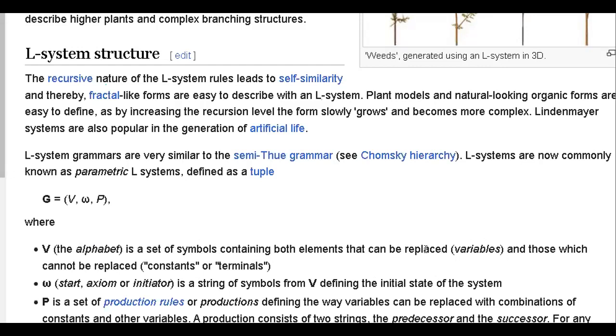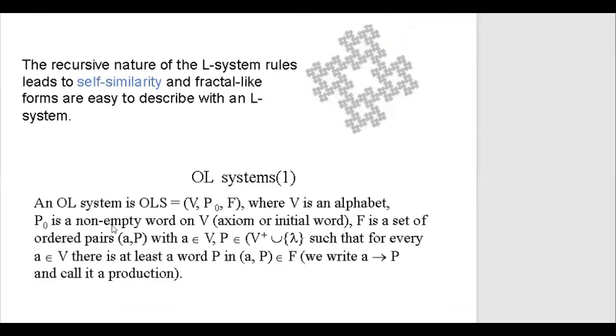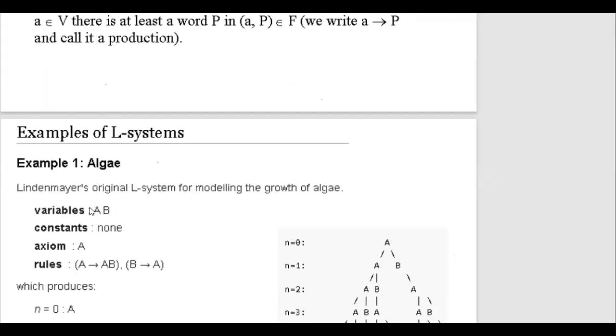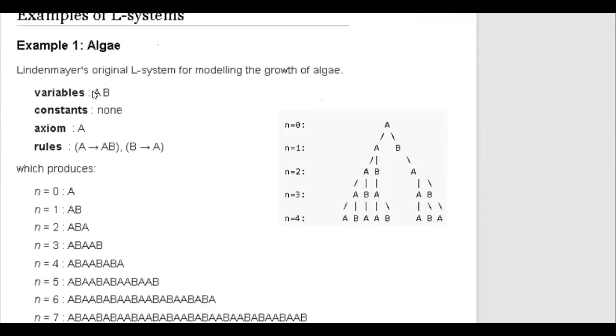It may have variables. Variables are located on the left-hand side of the rule, but constants do not appear on the left-hand side.